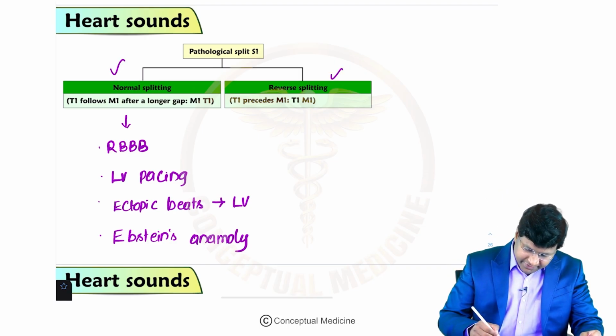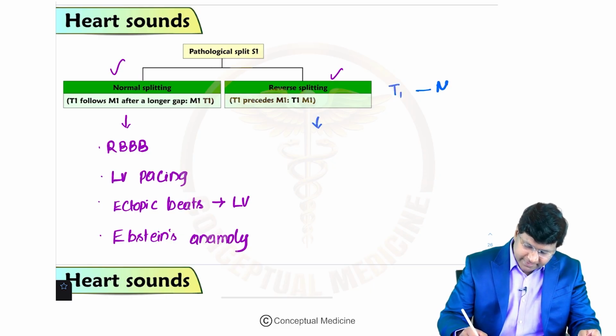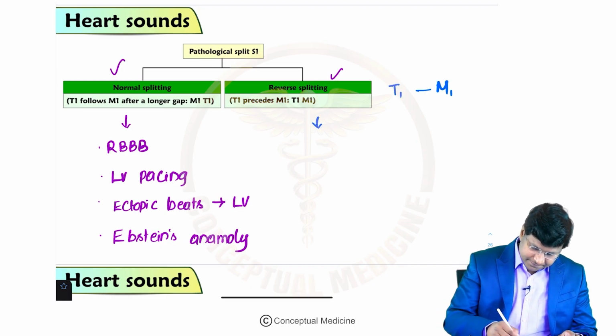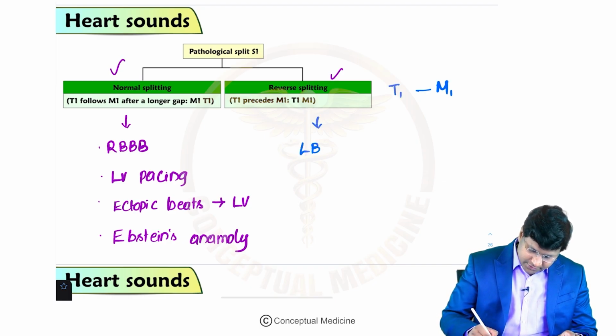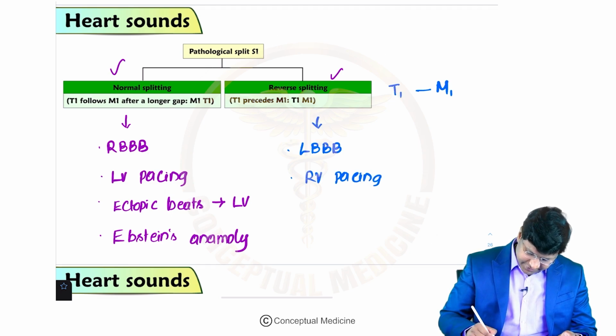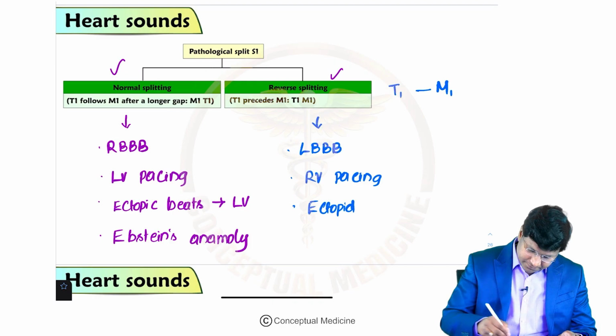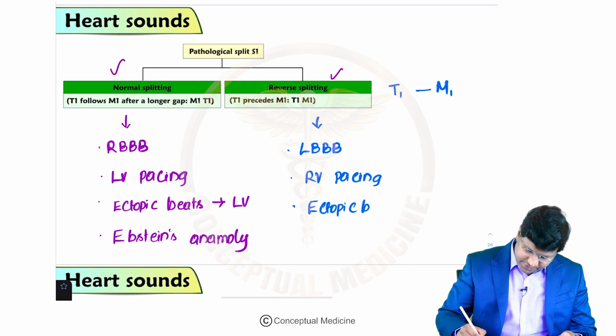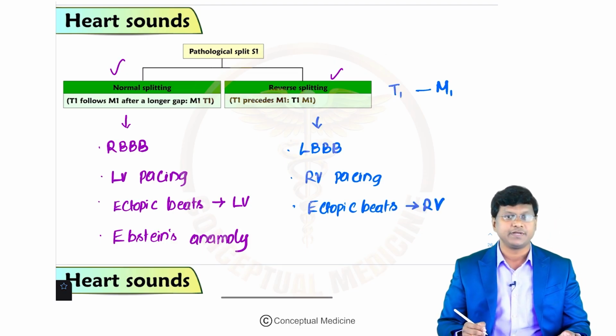Then what about the reverse splitting? Reverse splitting is that you will listen T1 first, then followed by M1. You will come across this in patients with left bundle branch block, then RV pacing, then ectopic beats originating from the right ventricle.